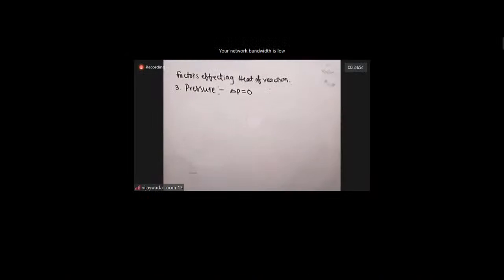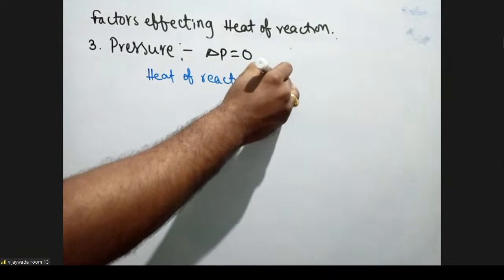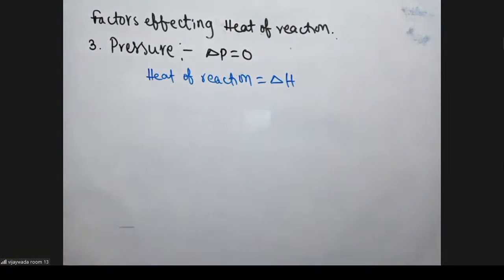If you perform a chemical reaction at constant pressure, then the heat of reaction we always get in delta H form. That is called enthalpy of reaction.